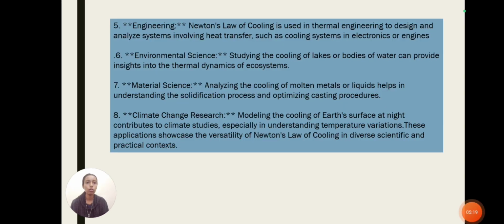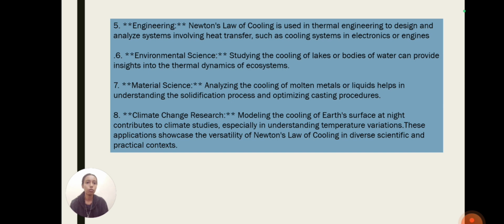Engineering. Newton's law of cooling is used in thermal engineering to design and analyze systems involving heat transfer, such as cooling system in electronics or engine. Environmental science. Studying the cooling of lakes or body of water can provide insights into the thermal dynamics of ecosystem. Material science.